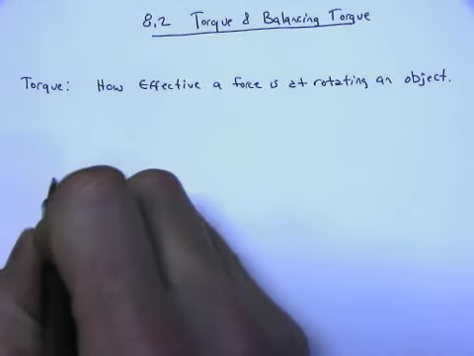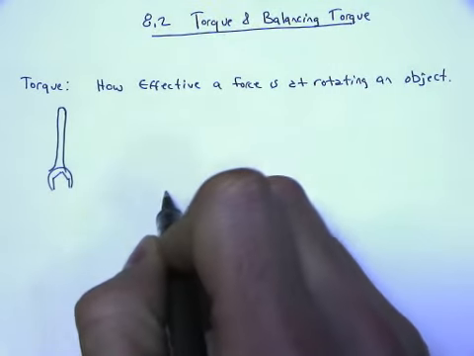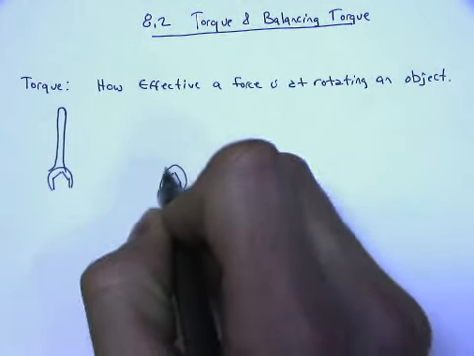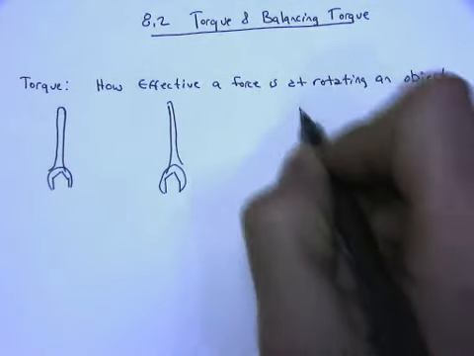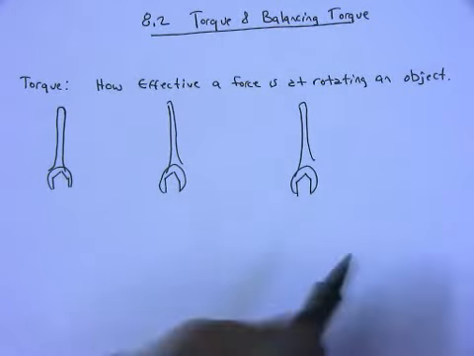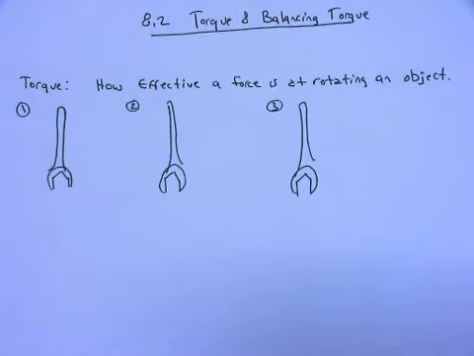And let me give you 3 examples, and I like to do it with wrenches. I'm going to draw 3 wrenches here, and I'll call this case 1, case 2, and case 3.